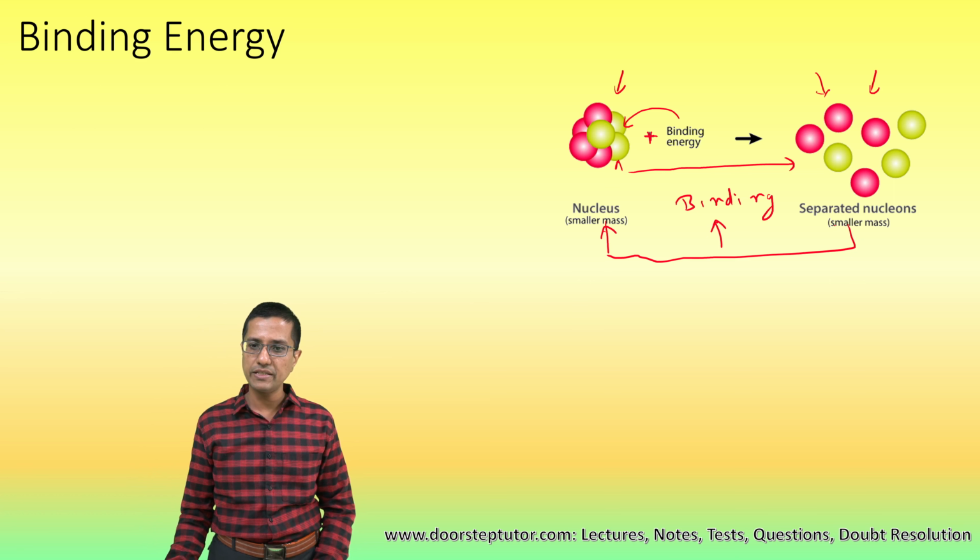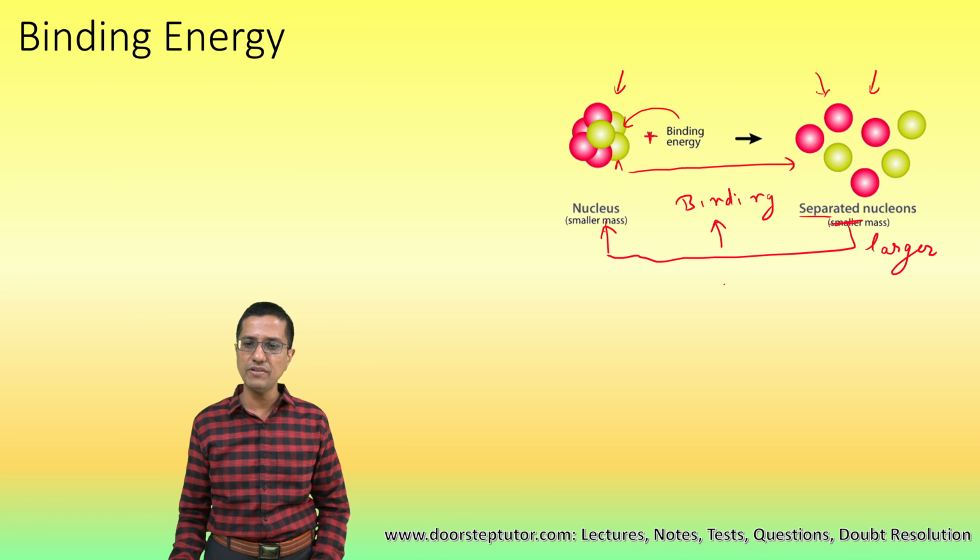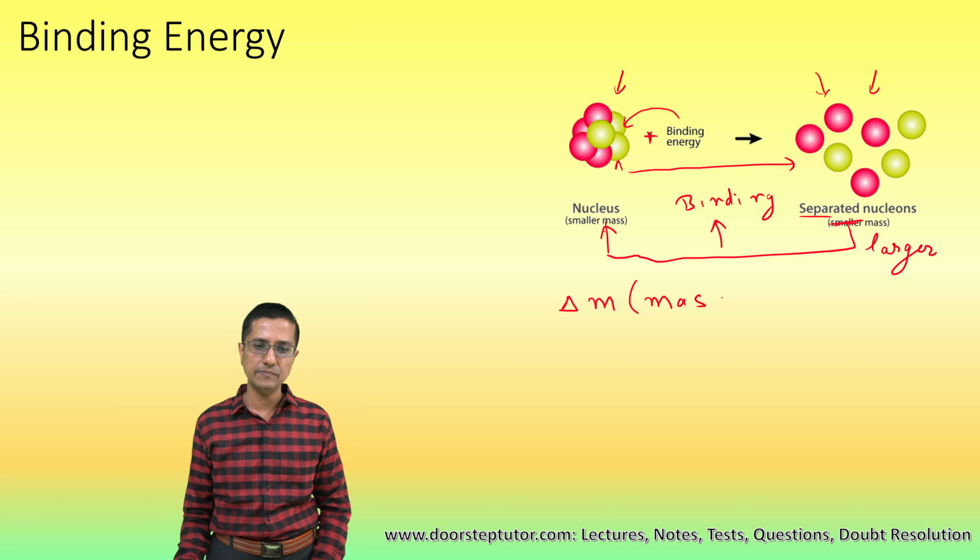Okay, so there is a decrease in mass. This should not be smaller mass, this should be larger mass. Separated nucleons have larger mass, and there is a delta M. This is known as the mass defect. And due to this mass defect, we have a delta E. This is known as binding energy, so we'll put a suffix B here.